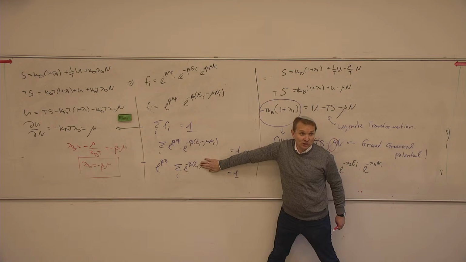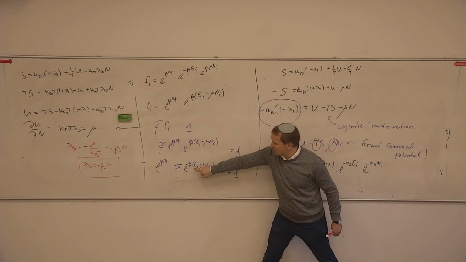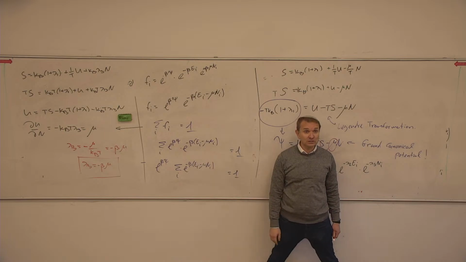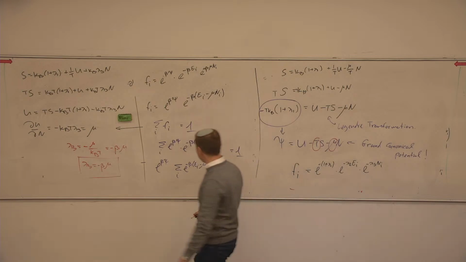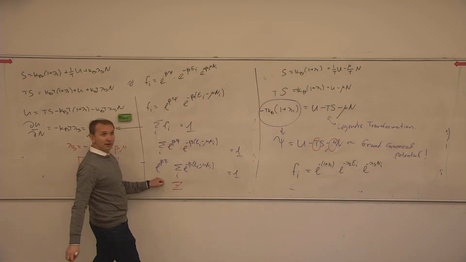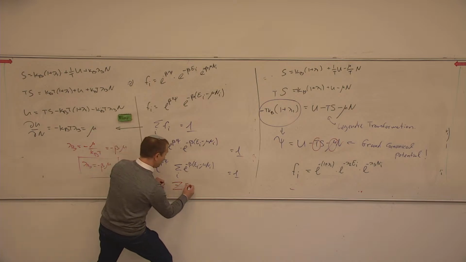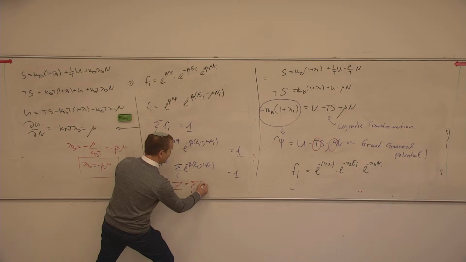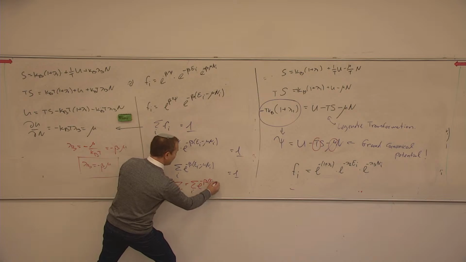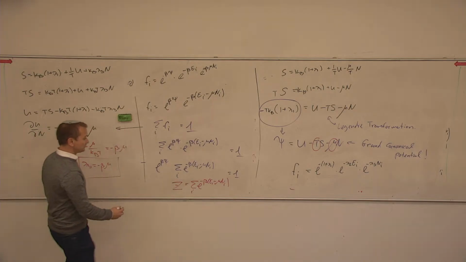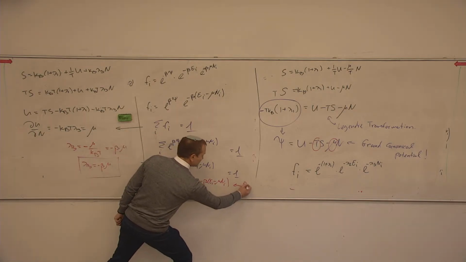It's the partition function. A summation over i of e to the power minus beta Ei without this part is just the partition function of the canonical ensemble. So we're going to say, look, this is the partition function of the grand canonical ensemble: sum over i of e to the power minus beta (Ei minus mu Ni). This is the partition function.